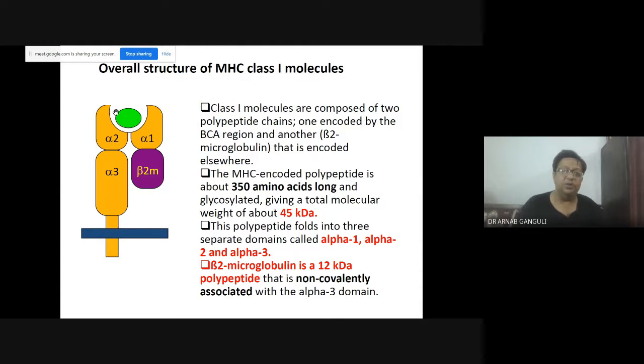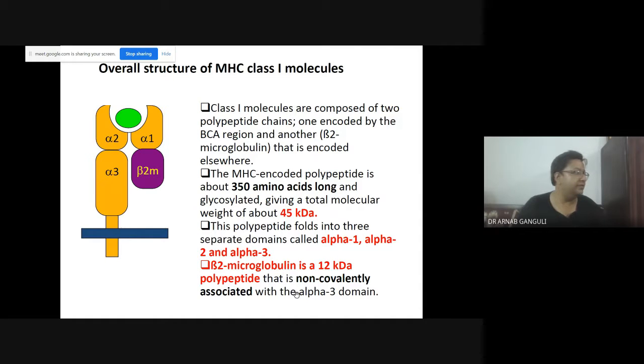This whole protein, molecular weight 45 kilodalton, has a peptide binding pocket. Beta-2 microglobulin is a 12 kilodalton polypeptide. This is 12 kilodalton and this is 45 kilodalton.